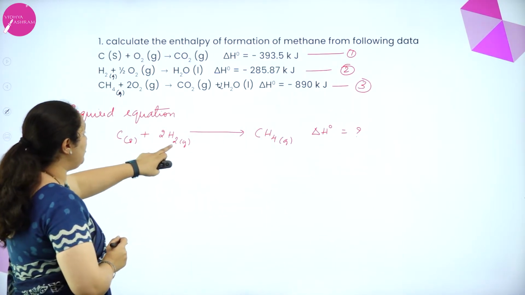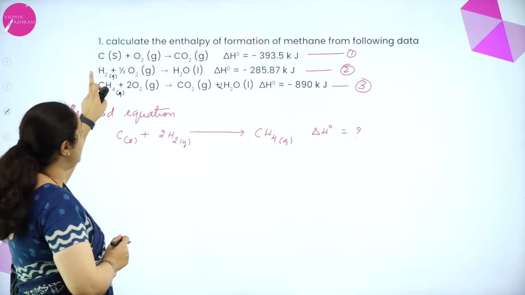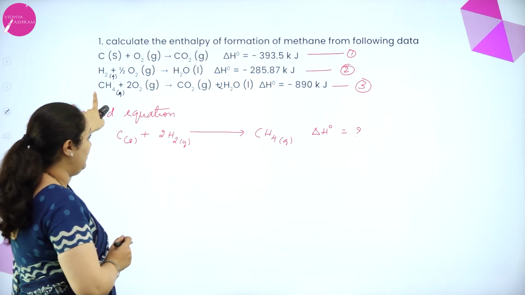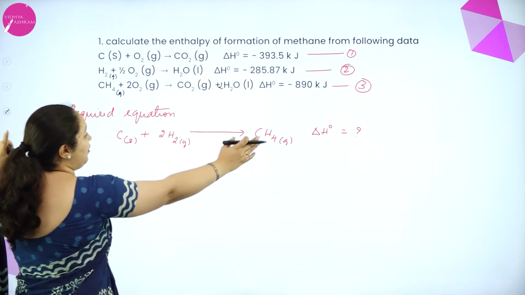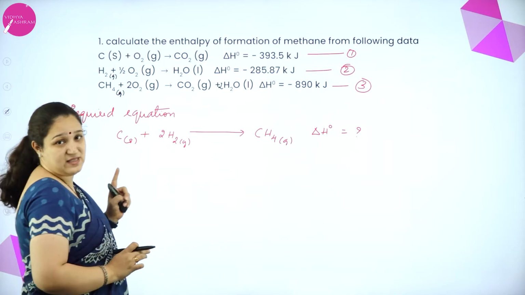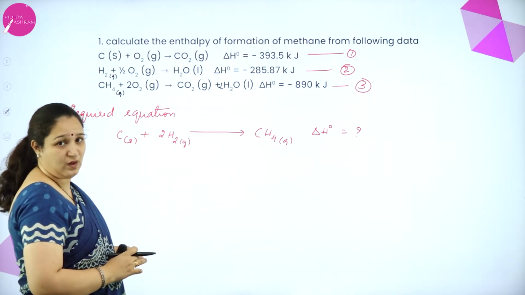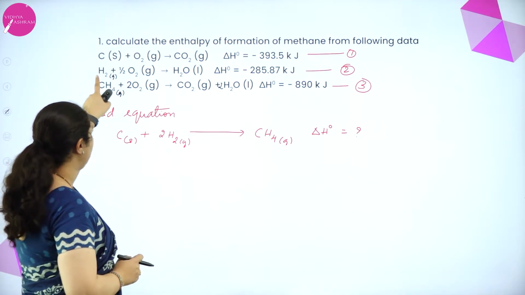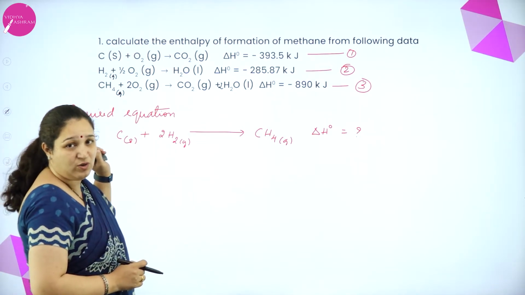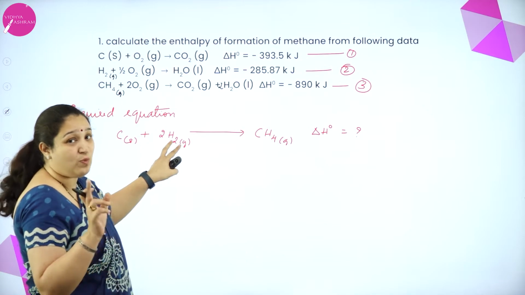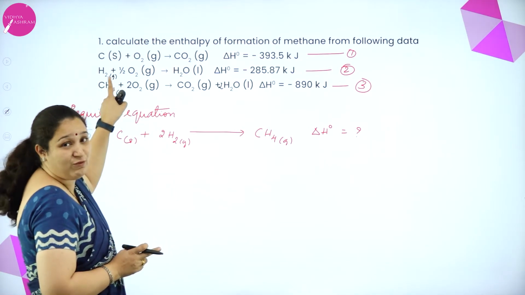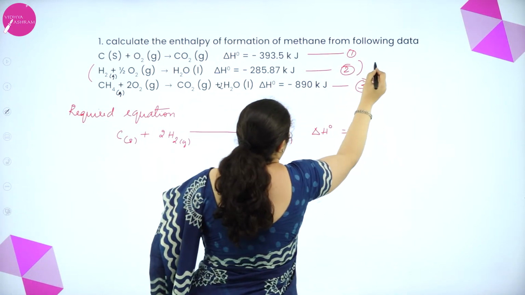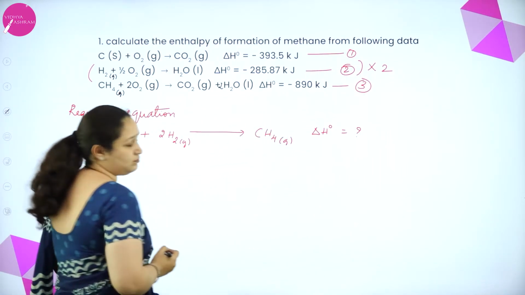Equation 2, hydrogen also I require in the reactant side, so it will remain as it is. Okay. Equation 3, I want methane on the product side, but it is there on the reactant side, so I'll have to reverse. Also, observe, I require 2 hydrogen molecules, here only 1 hydrogen molecule is there. Here I require 2 hydrogen molecules, here I have only 1. So this equation I have to multiply by 2.